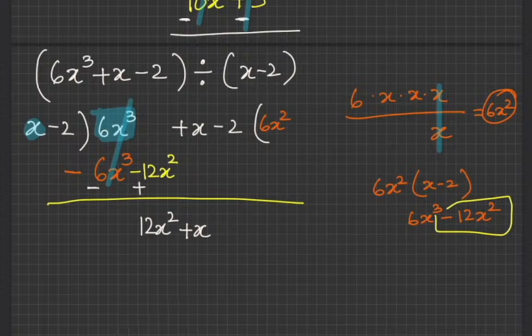So I have 12x squared, and then x, and then negative 2.